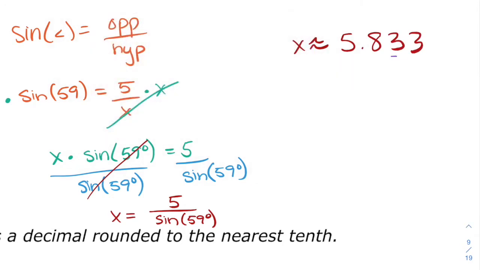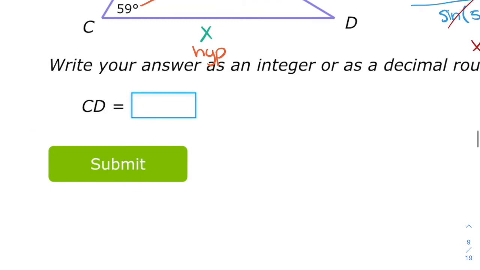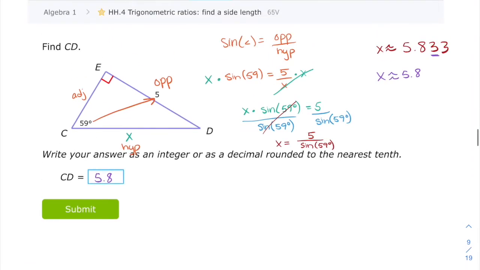Last step is to look at this 100th place and round appropriately for my 10th place, which is going to round off. It's going to round to 5.8. So my answer for CD is 5.8. Notice this one was a little bit more difficult because of that x I had to solve for.